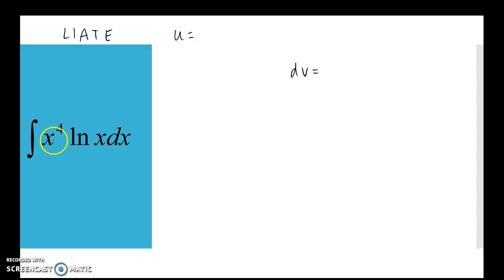All right, so for u, algebraic comes after logarithmic, okay? Let me talk about that for a sec. If I put dv as the natural log of x, you can't integrate that function yet. By the end of this lesson, you will, but ln of x is going to have to be my u.